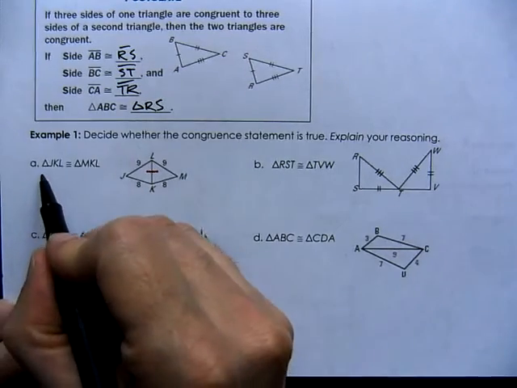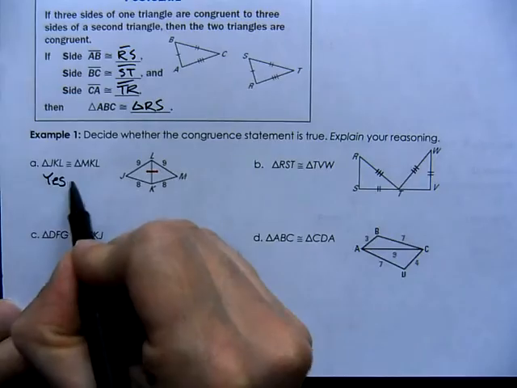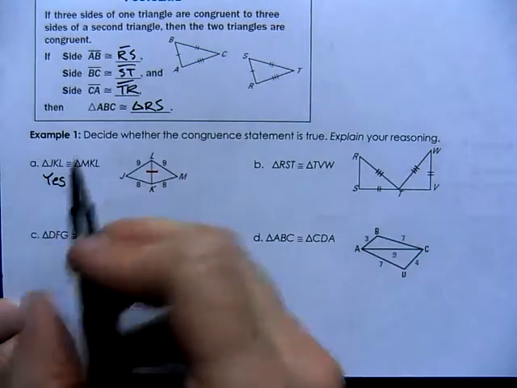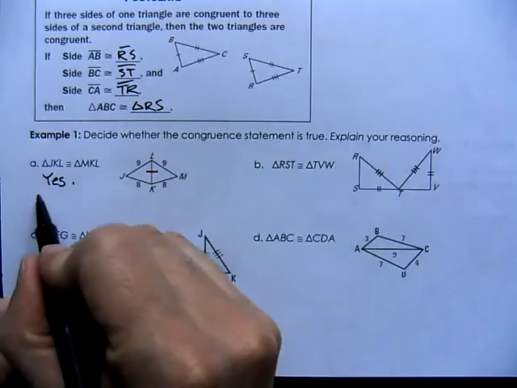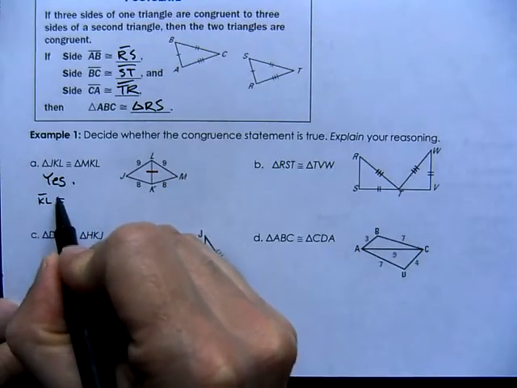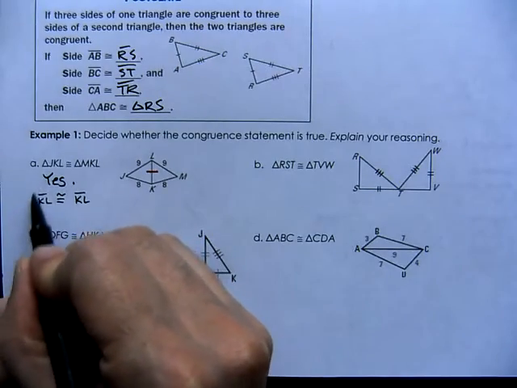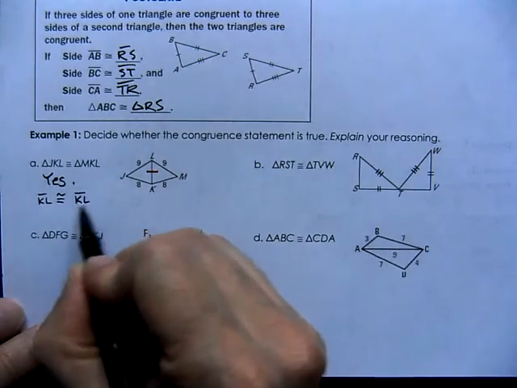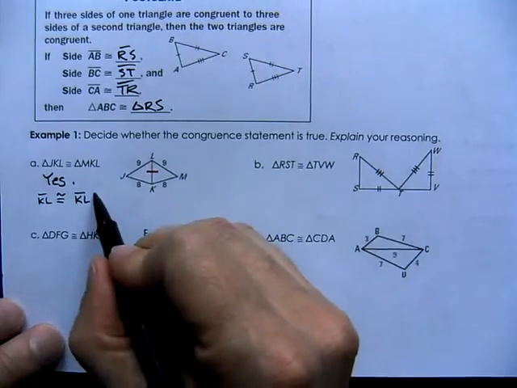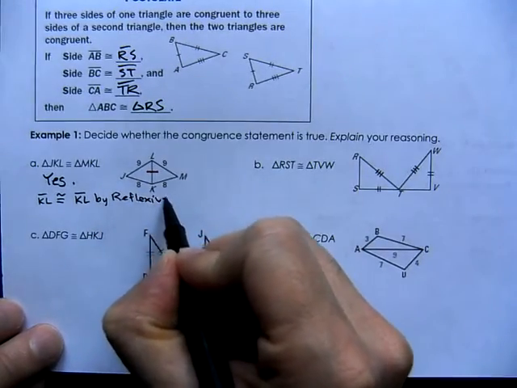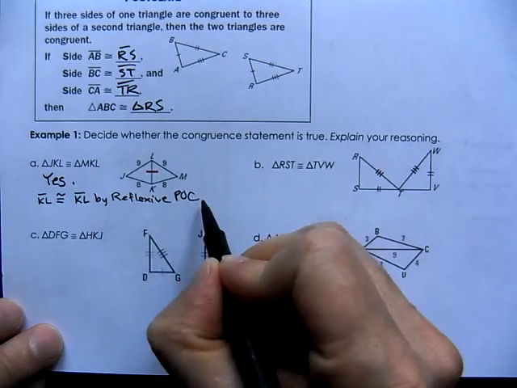So is this true or false? It is true. We can say yes, it is a true statement, and explain your reasoning. So we want to make sure we understand that segment KL is congruent to itself because one of these comes from the left triangle and the other comes from the right triangle, and we say they are congruent by the reflexive property of congruency, POC.